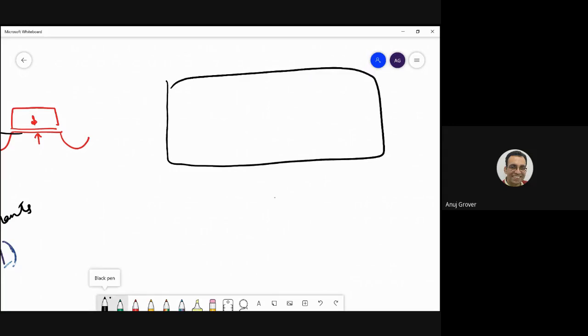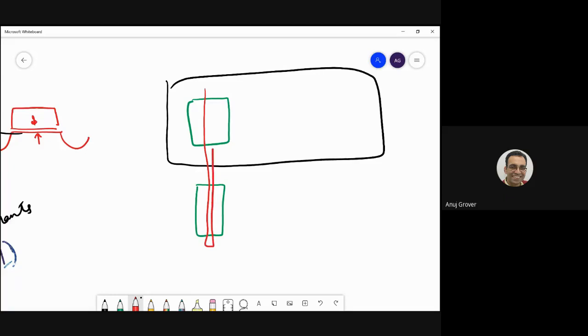When we looked at the layout scheme, I had an NWELL and I wanted to make a device here. So this was my inverter that I had thought of. Am I right? Yes, sir.